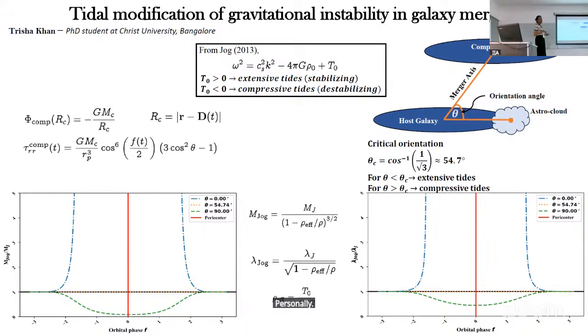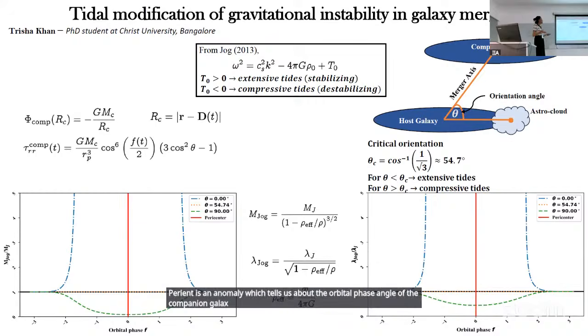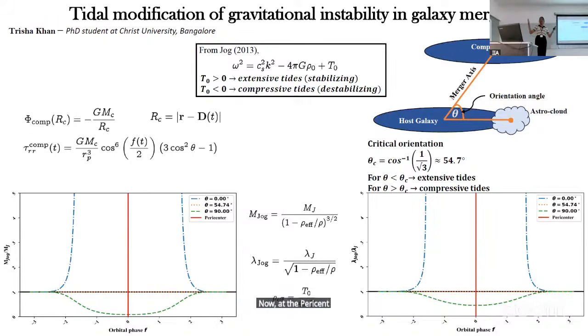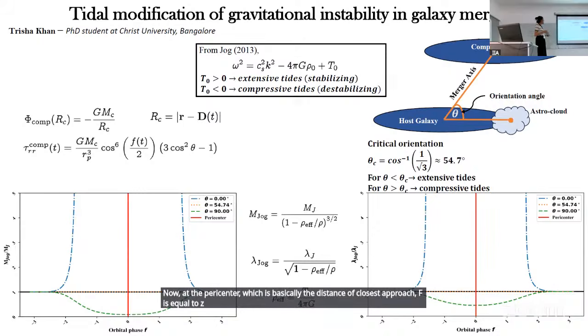F of t is an anomaly which tells us about the orbital phase angle of the companion galaxy, and theta is the orientation angle, which is basically the angle made by an astrocloud present on the host galaxy with the merger axis. Now, at the pericenter, which is the distance of closest approach, f is equal to 0, which is shown in these 2 plots at f equal to 0.